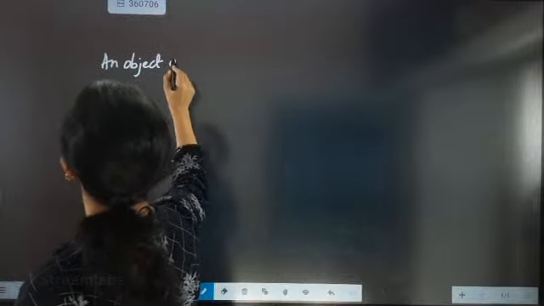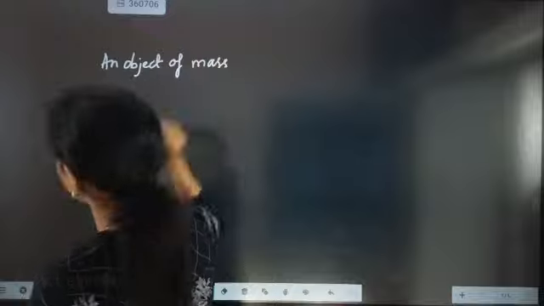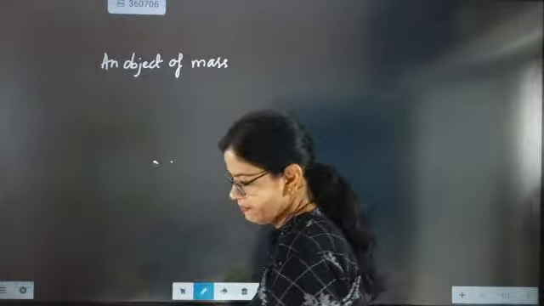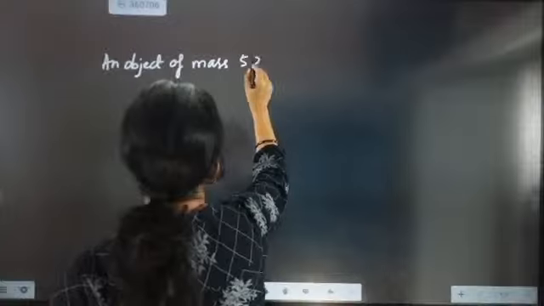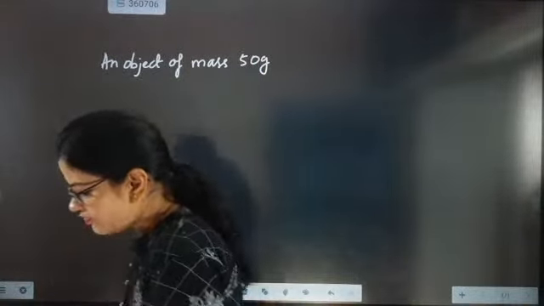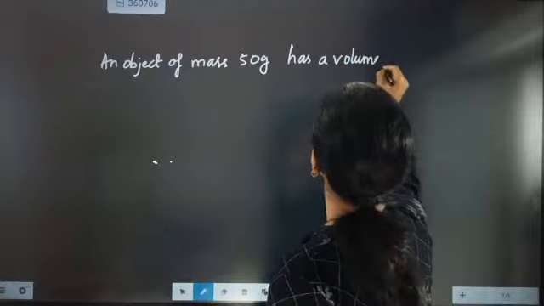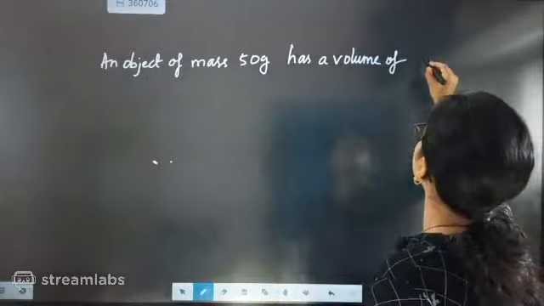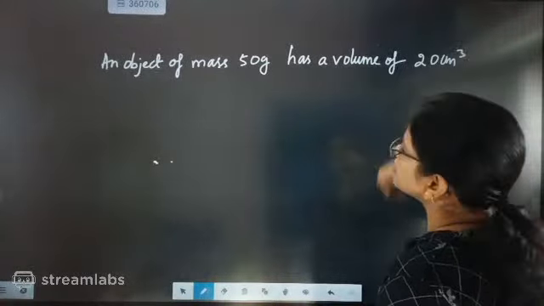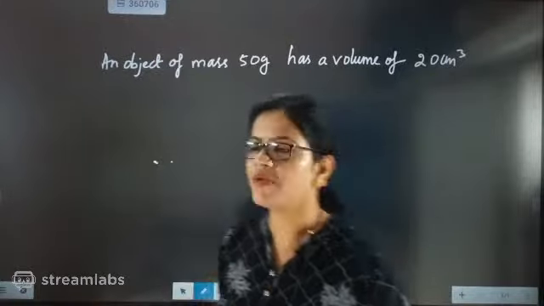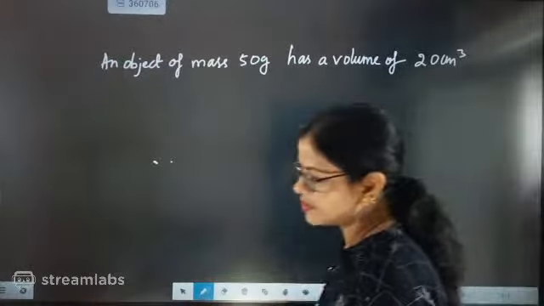Now the first question is, an object of mass 50 gram has a volume of 20 cubic centimeter.